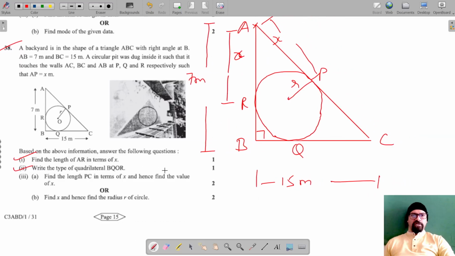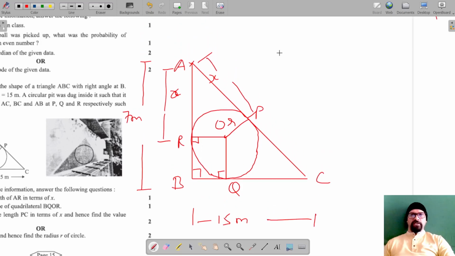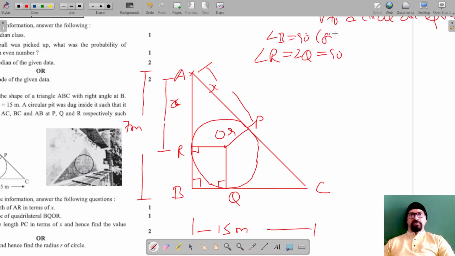Write the type of quadrilateral BQOR. So let's get this quadrilateral, BQ and OR. This is O. In this case, angle R and angle Q are 90-degree. Angle B is equal to 90-degree because it's given.